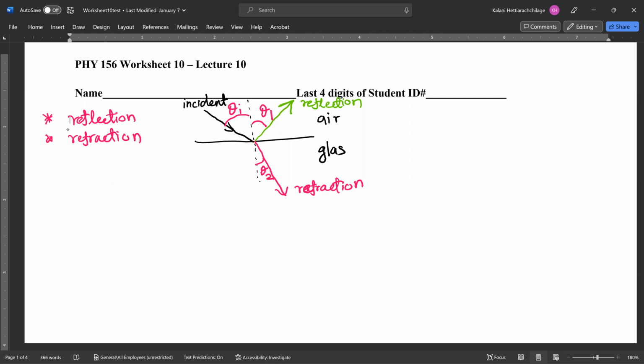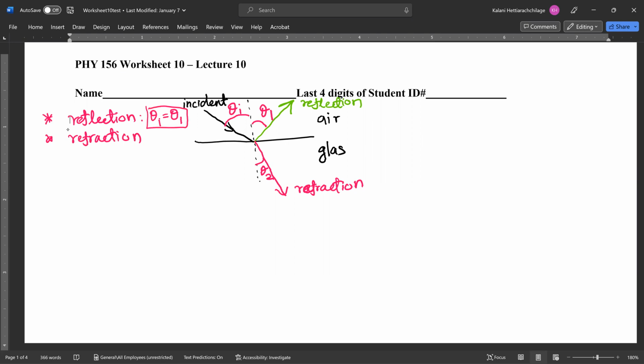So what the reflection law is saying is that your theta incident should be equal to theta reflection if you measure with respect to the normal. That is what we call the reflection law, very simple.